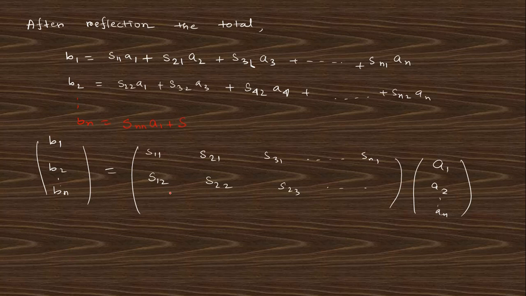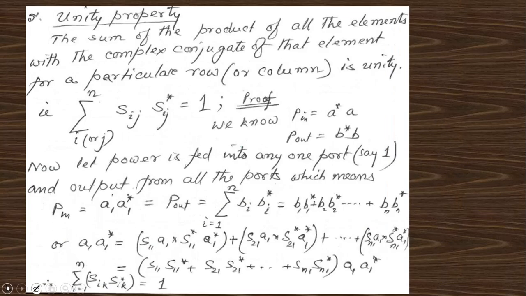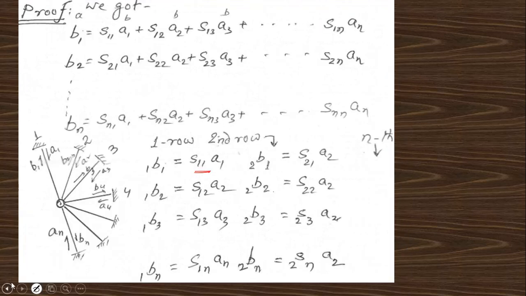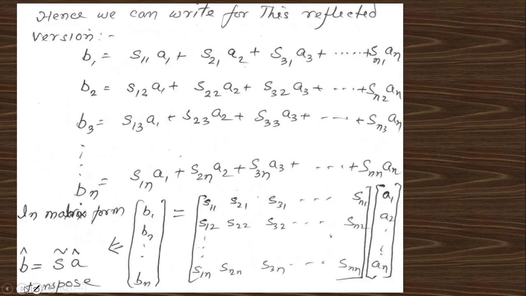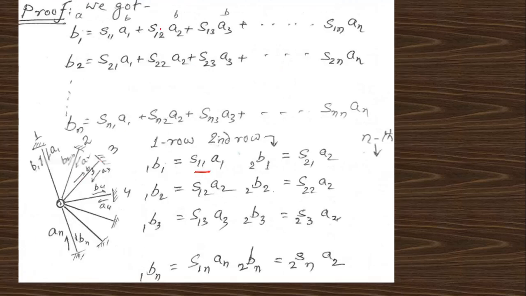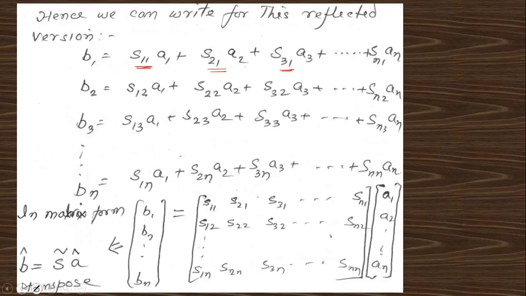So finally you can write this as the symmetry of this matrix. Actually the matrix will be symmetric. B1 can be written as S11, S21, S31, whereas here it is S12, S13, S22, and this is the 2 to 1. Okay, this is the difference.